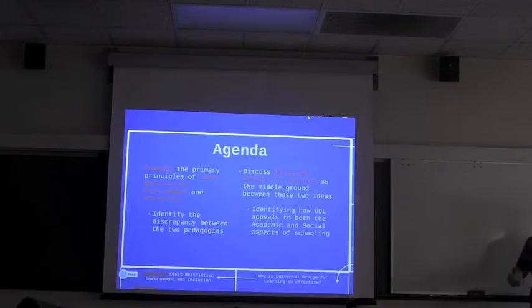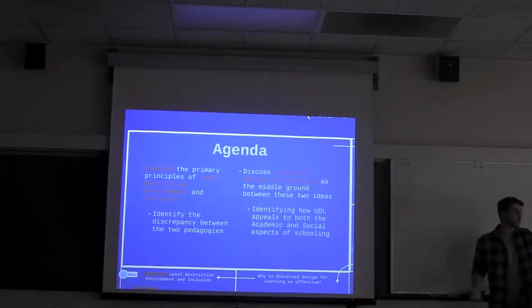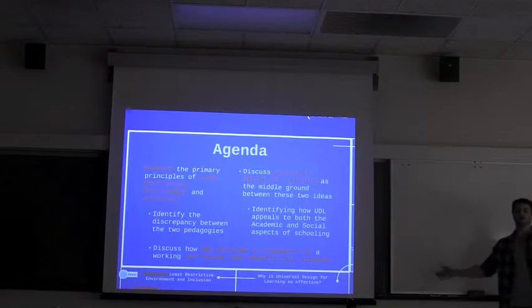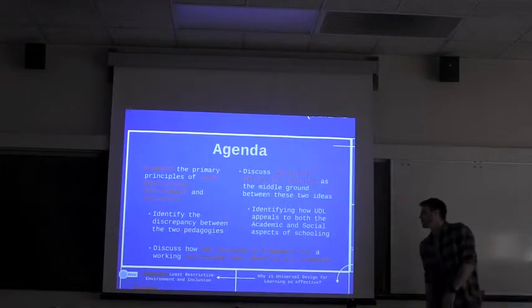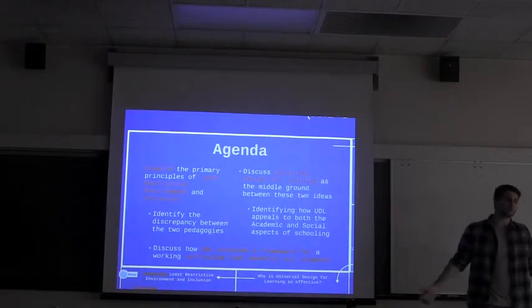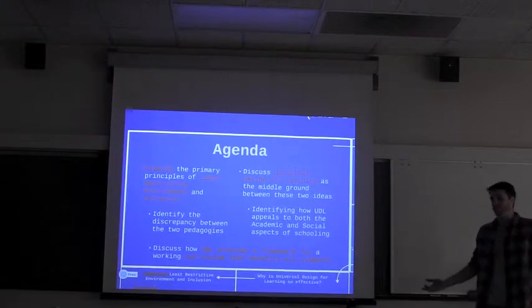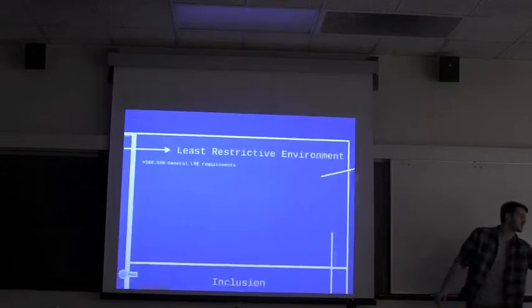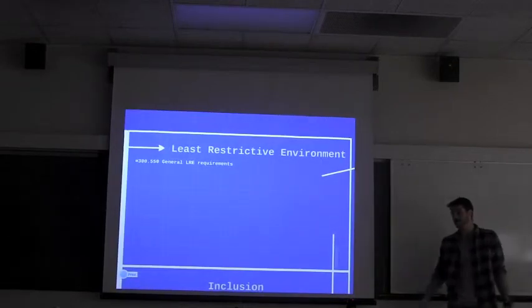We're also going to identify how it appeals to both the academic and social sides of school. And then finally, we're going to discuss how universal design for learning, or UDL, provides a framework for a working curriculum, and it benefits all learners. So let's get started. Again, we're going to start by examining least restrictive environment and inclusion.